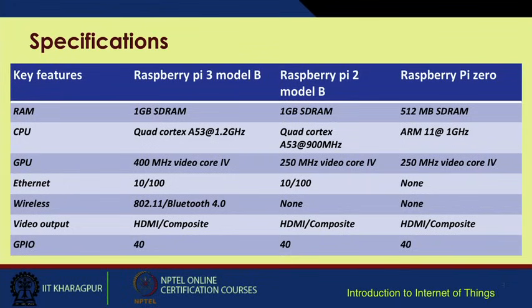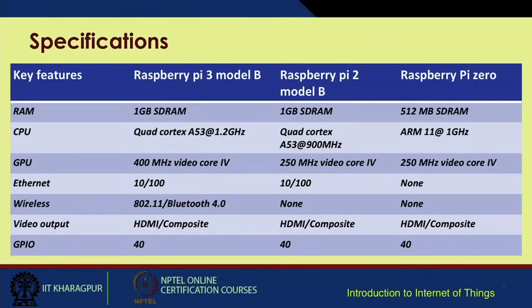So, there are various variants of Raspberry Pi. Some common variants are the newest Raspberry Pi 3 Model B, then Pi 2 Model B, and Pi 0. These are the ones most commonly being used. There are other variants also, but these three can be considered the main market holders.